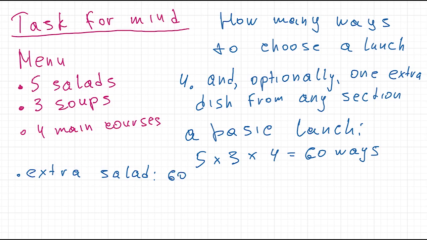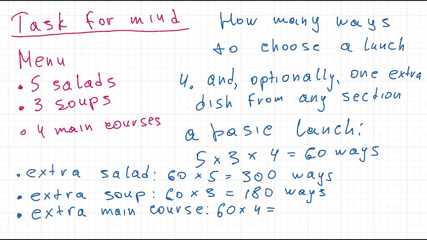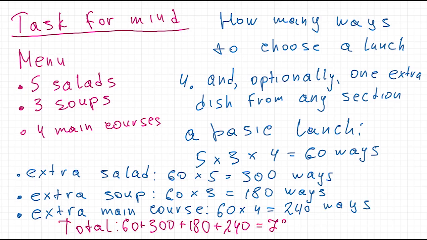If an extra soup is added, we get 60 times 3, that is 180 possibilities. If an extra main course is added, we get 60 times 4, that is 240 possibilities. Total: 60 plus 300 plus 180 plus 240, that is 780 ways. That's the answer.